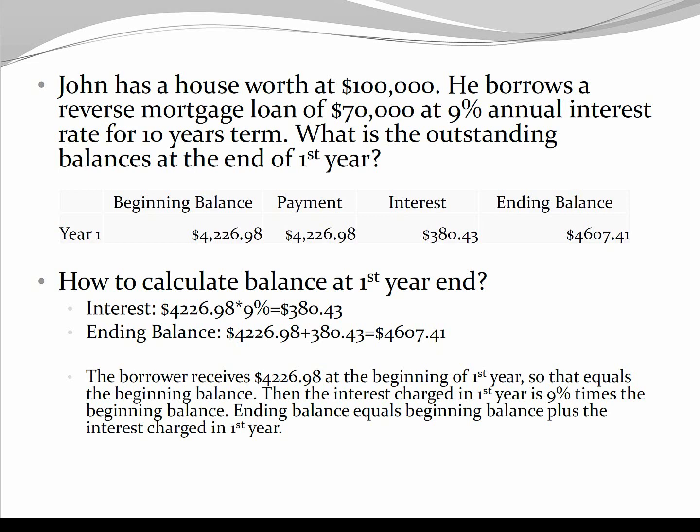The ending balance will equal the beginning balance plus the interest cost for that year, which equals $4,607.41. So that is how we calculate the period payment and first year ending balance for reverse mortgage.